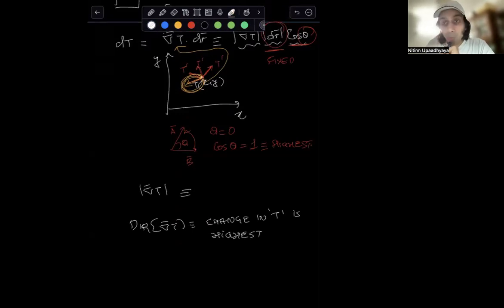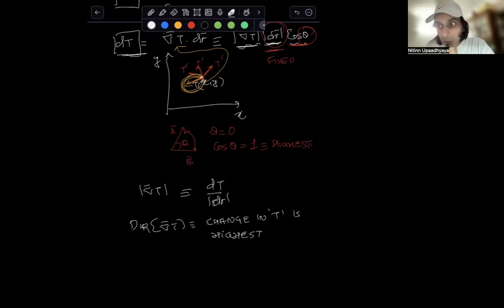Now, if I go back to what the magnitude of gradient of T is, notice that if I look at this expression, dT equals magnitude of gradient of T times magnitude of dr times cosine theta, and let's say theta is 0, so cosine theta is 1, then gradient of T is the change in T divided by mod of dr. And this reminds us of the definition of an ordinary derivative.